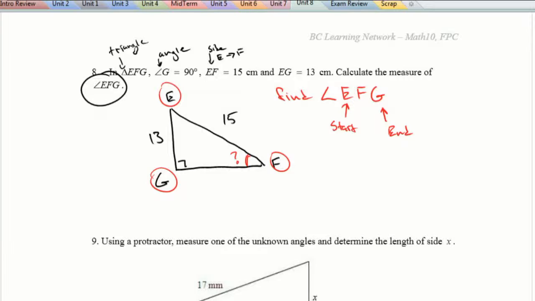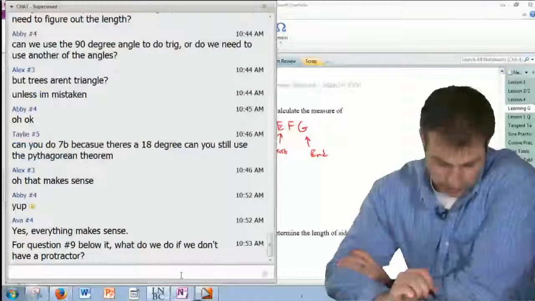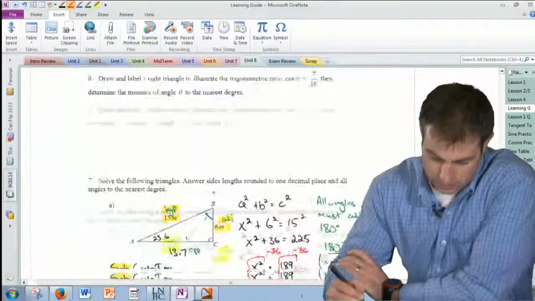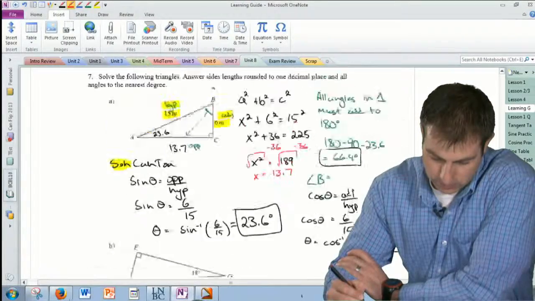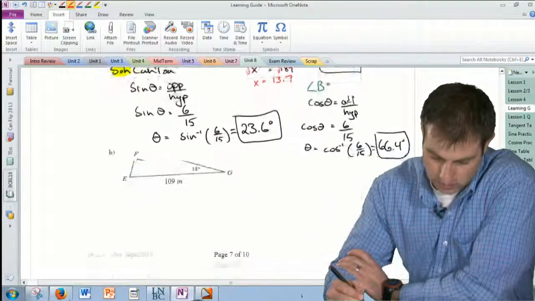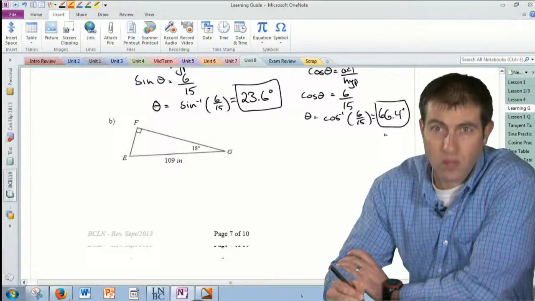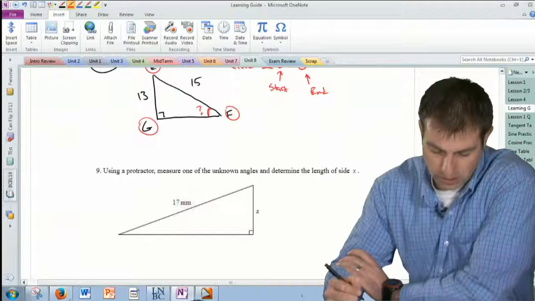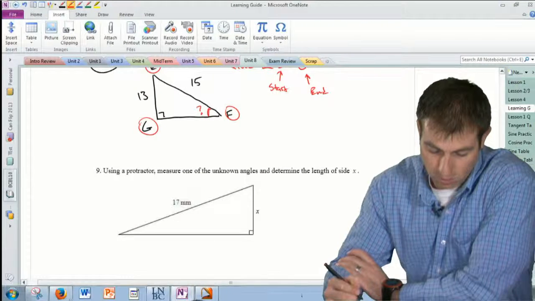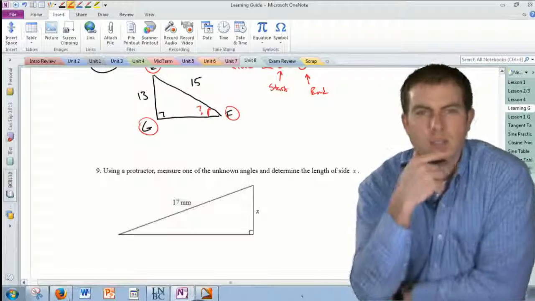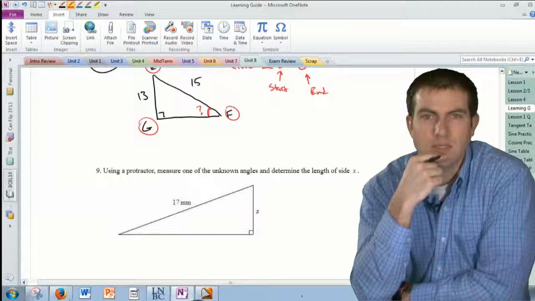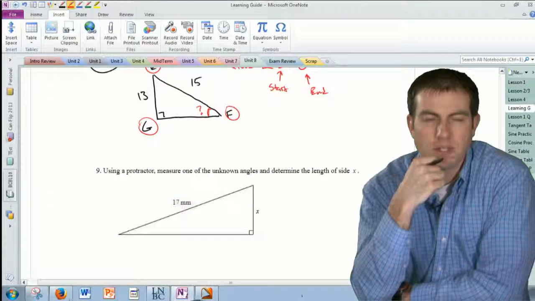Just seen your question here, Ava. For question 9 below it, what do we do if we don't have a protractor? Question 9: use a protractor to measure one of the unknown angles and determine the length of side X. I'm not sure, on your formula sheet, is there a protractor on that sheet?